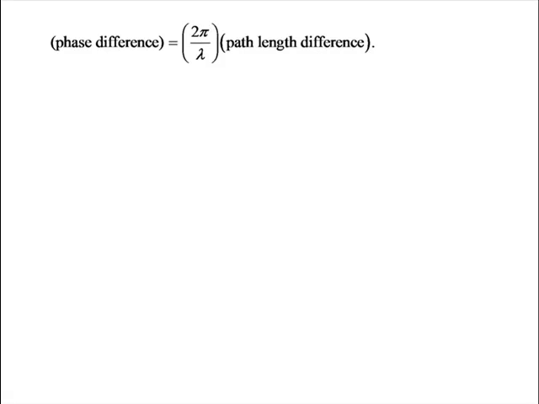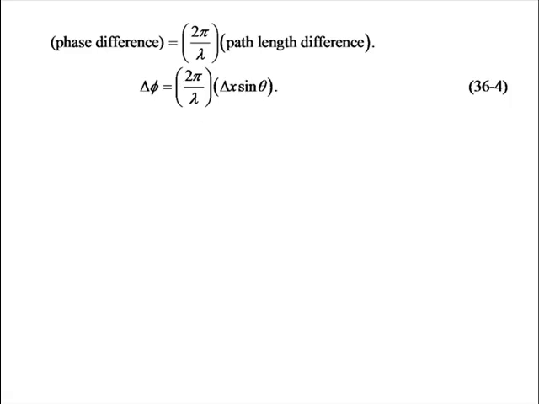So if we're talking about 2 points along a slit that are separated by a distance delta x, then the path length difference is just delta x times the sine of theta, and we multiply that by 2 pi over lambda to get the phase angle difference.